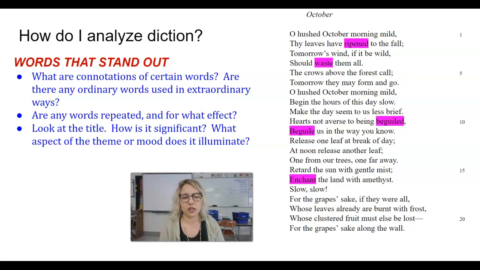That word is especially interesting because it's used to describe leaves. And typically we do not describe leaves as being ripened. We describe fruit as being ripened. And so that's an interesting choice for Frost to describe the leaves this way.